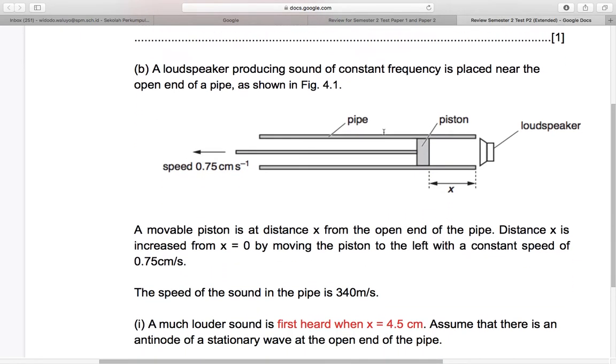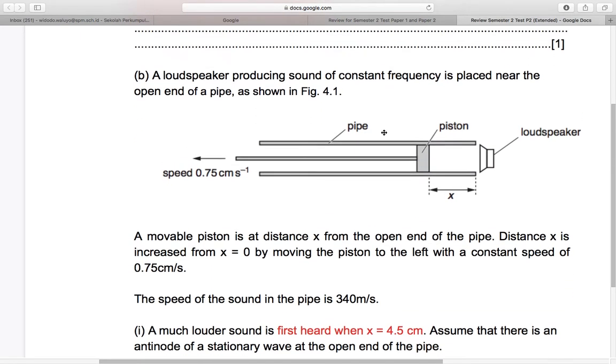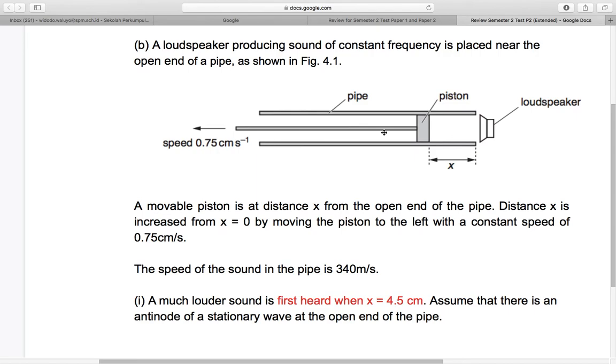Okay, B question. A loudspeaker producing sound of constant frequency is placed near the open end of a pipe as shown in figure 4.1.